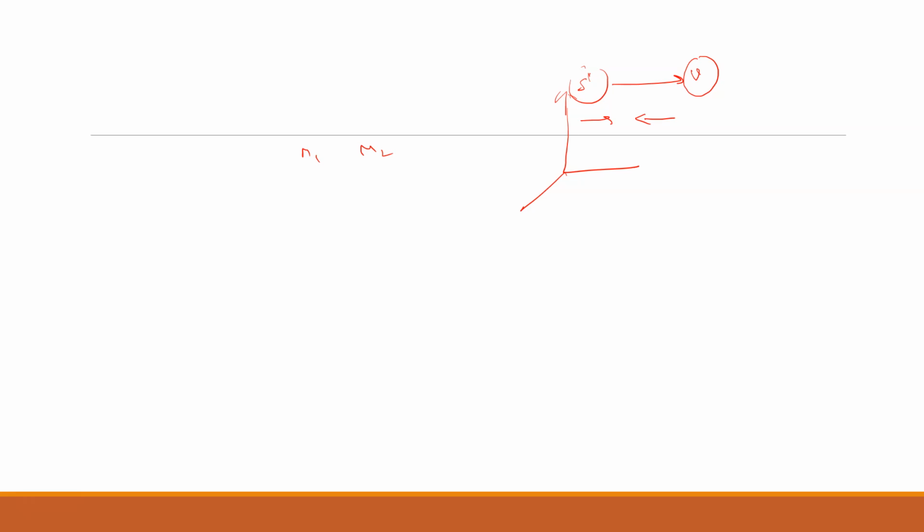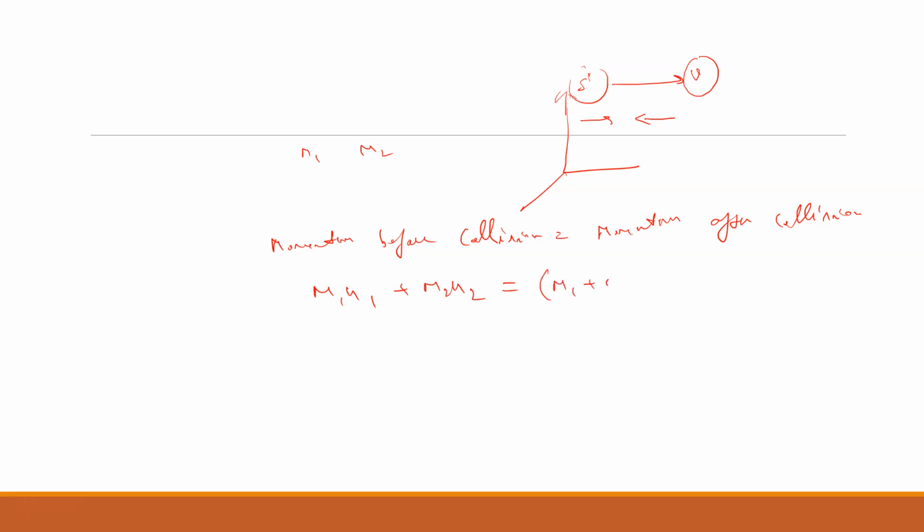So according to the law of conservation of momentum, the momentum before collision is equal to the momentum after collision. Therefore m1 u1 plus m2 u2 equals m1 plus m2 into v, because when the particles collide, their joint mass will become m1 plus m2.